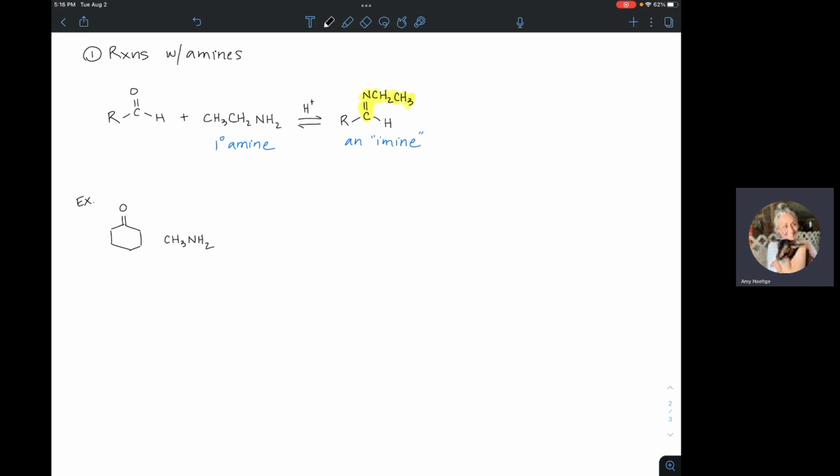This is my nitrogen-containing nucleophile. See the lone pair of electrons on the nitrogen? I'm going to use those to attack my electrophilic carbon. And I'm going to shove the electron density up onto the oxygen.